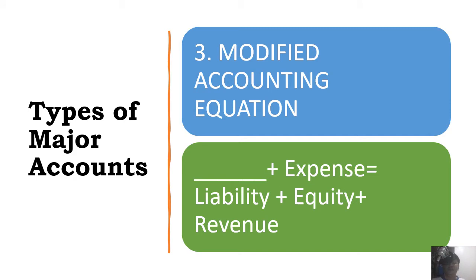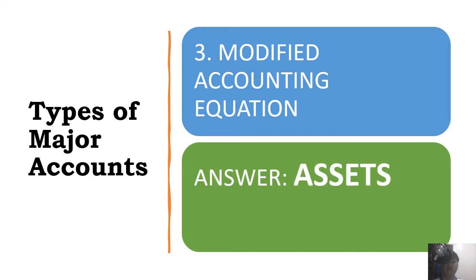Number 3. Blank plus expense is equal to liability plus equity plus revenue. Determine the missing item. Very good. The answer is assets.